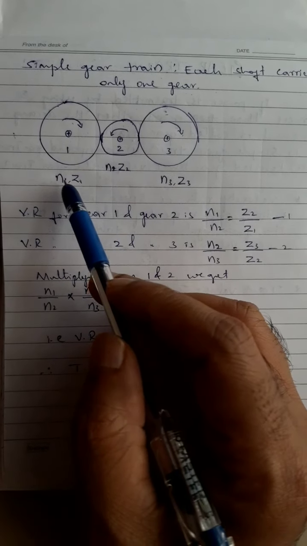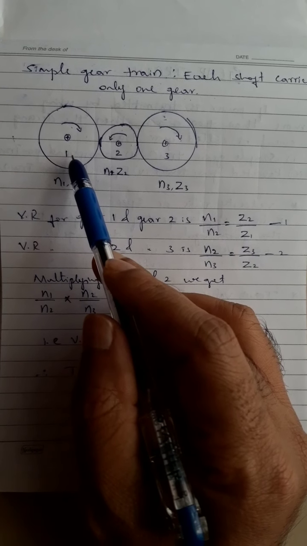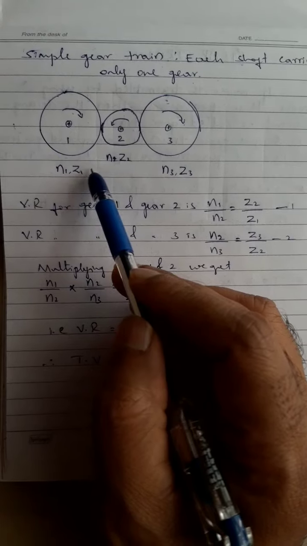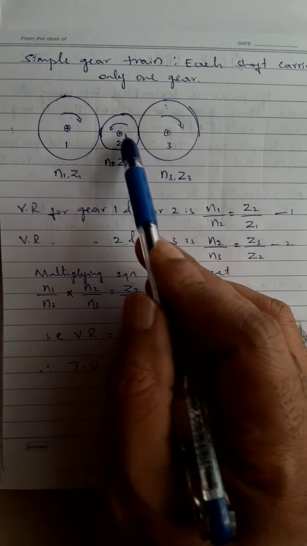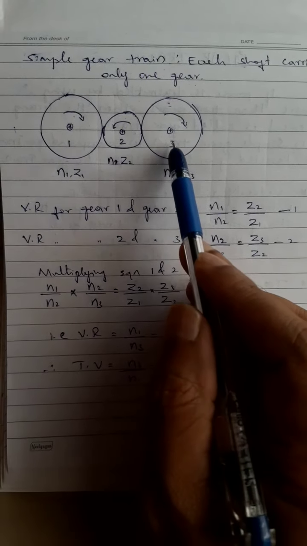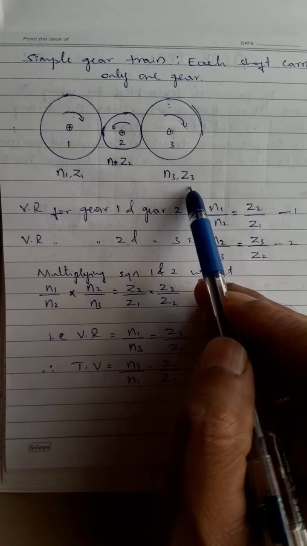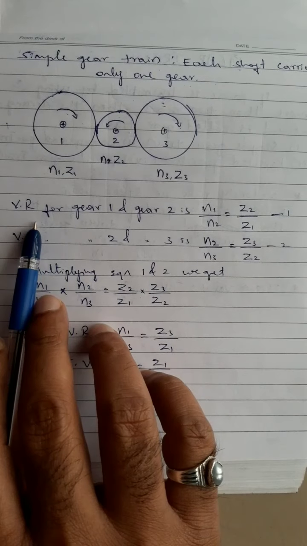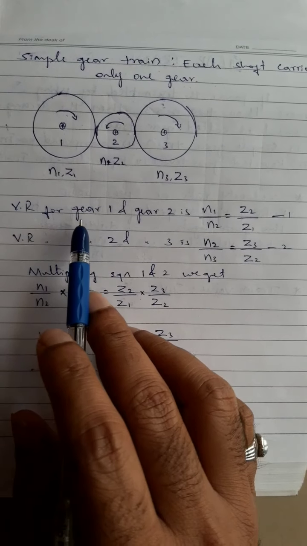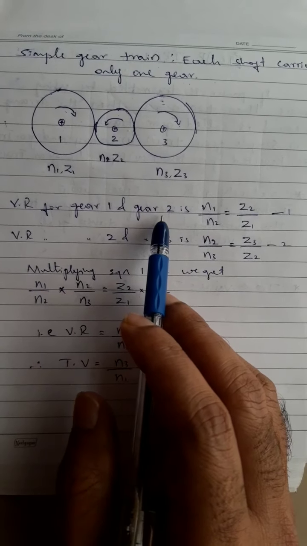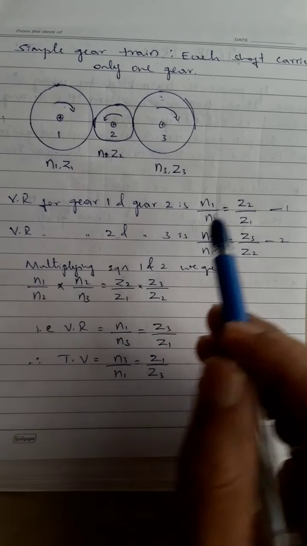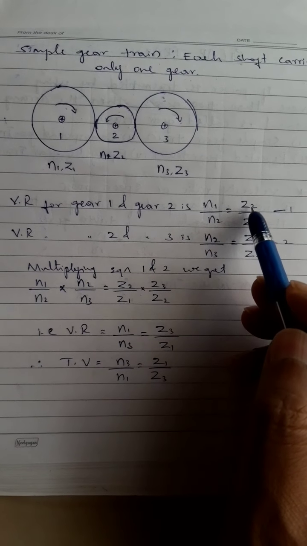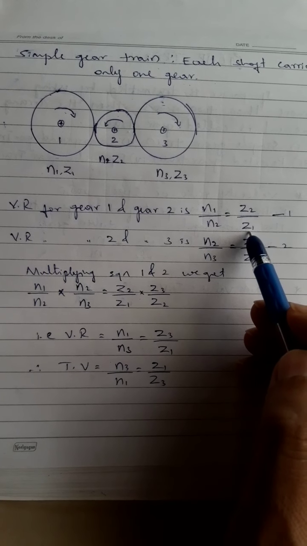If we consider the speed of gear 1 as n1 and number of teeth as z1, similarly n2 and z2 for gear 2 and n3 and z3 for gear 3, the speeds and numbers of teeth on the gears. Next we can write the velocity ratio for gear 1 and gear 2 as n1 by n2 is equal to z2 by z1.